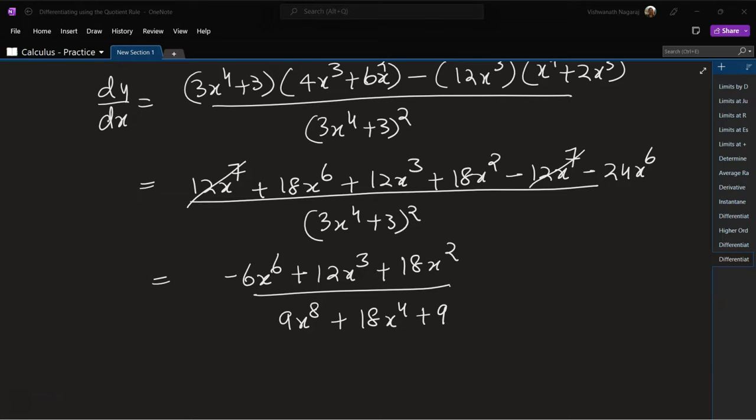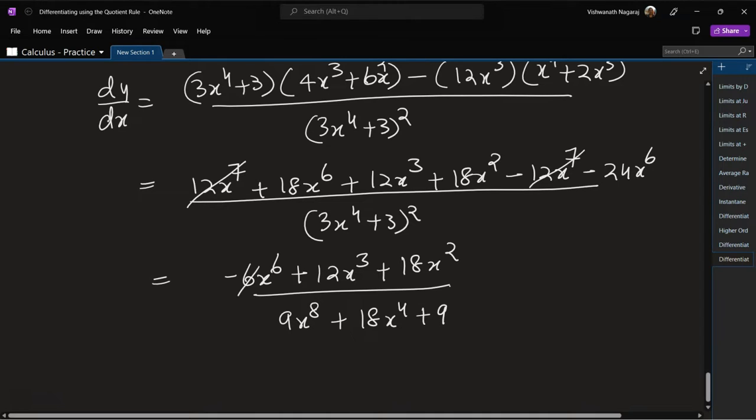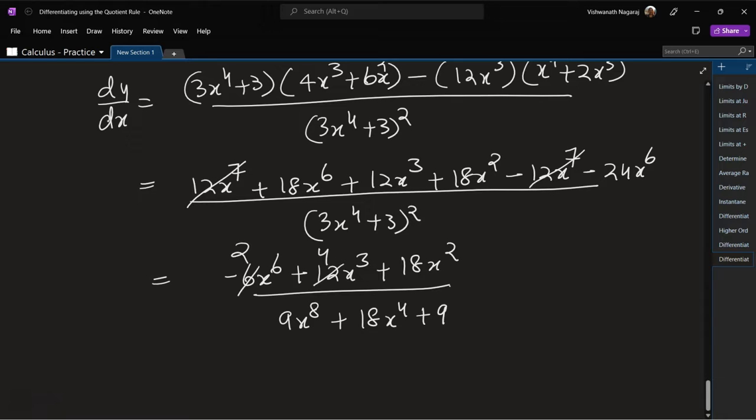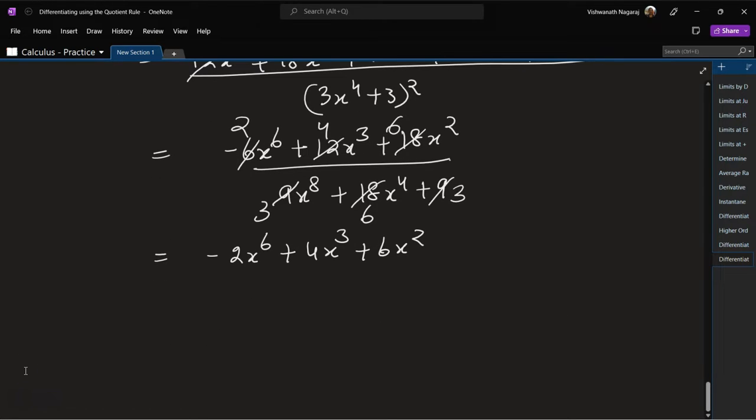Okay, again if you notice all the coefficients are divisible by 3. So 3 twos, 3 fours, 3 sixes, 3 threes, 3 sixes, 3 threes, which means the answer is minus 2x⁶ plus 4x cubed plus 6x square, divided by 3x⁸ plus 6x⁴ plus 3.